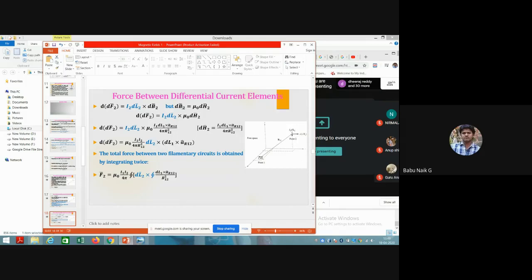Now we know the relationship between magnetic flux density and magnetic field intensity: dB2 equals mu naught times dH2.